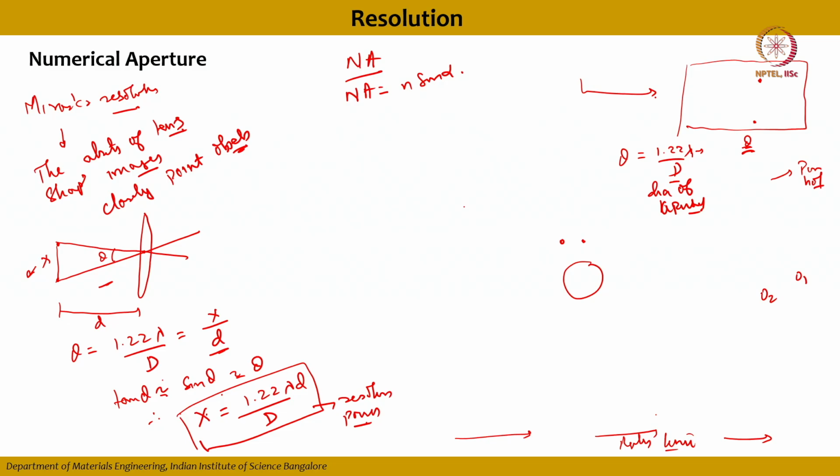Okay, so theta equal to x by D, which by the geometry you can also write as d by D for small angles.